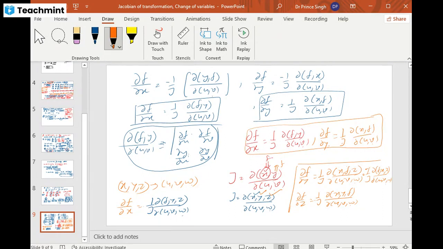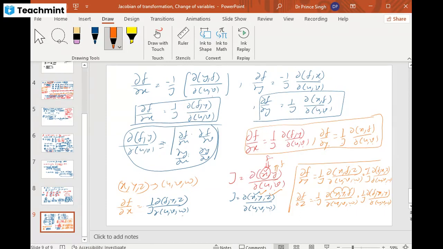And in this case, we need to shift two places. So this is again positive 1 upon J, Jacobian of f, x, y with respect to u, v, w. So this is how we can calculate the value of curly f upon curly x, curly f upon curly y, or curly f upon curly z in terms of the other set of variables, right?